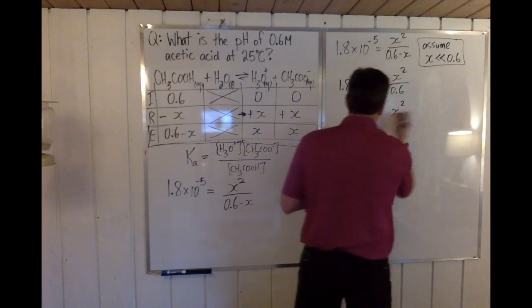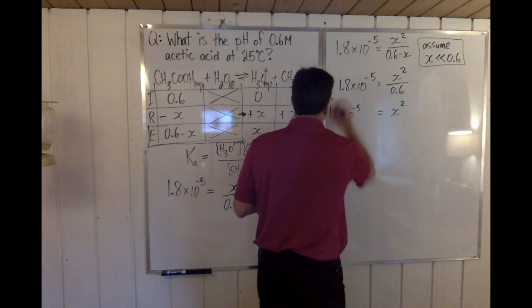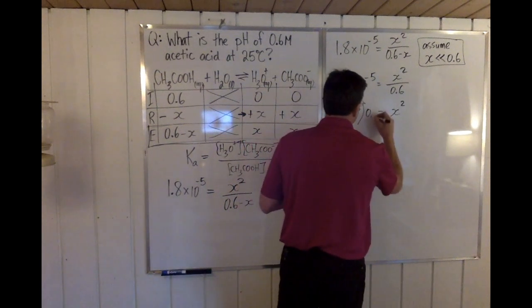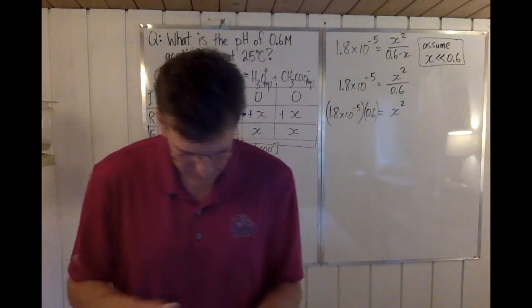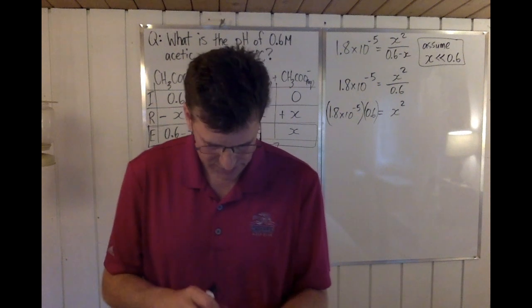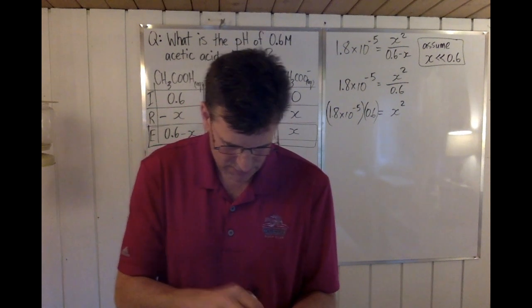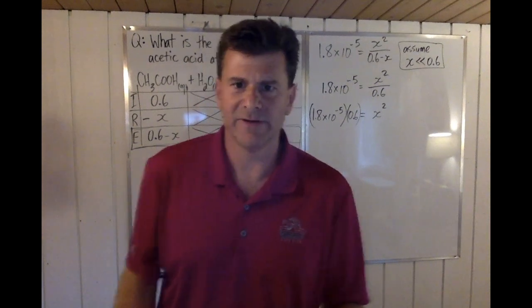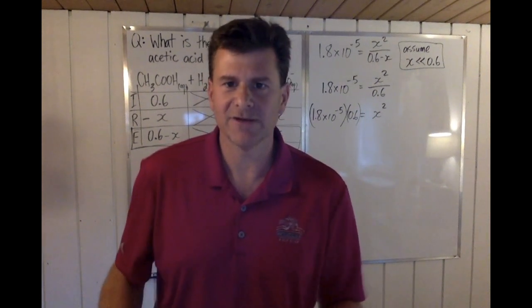So x squared equals 1.8 times 10 to the negative 5 times 0.6, right? So I'm multiplying by 0.6. Okay, we had a little bit of a glitch there. My computer kind of glitched out, and then my calculator glitched out.